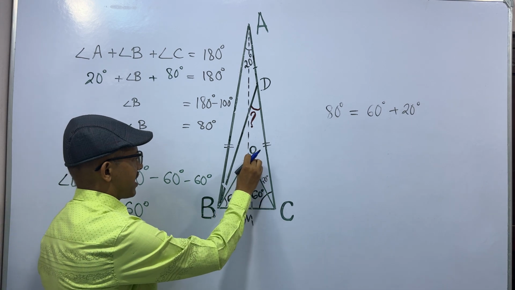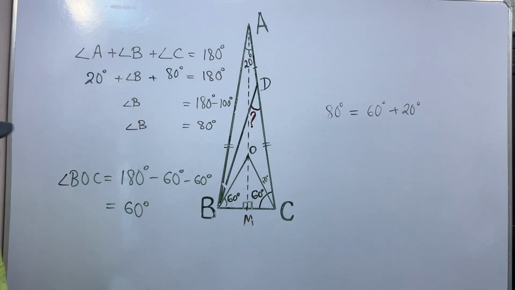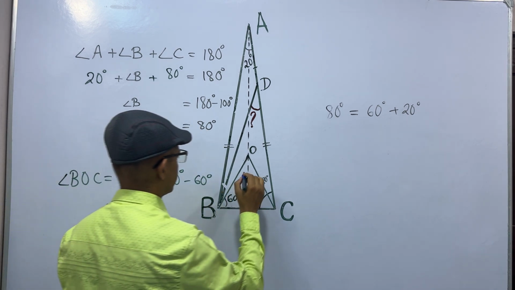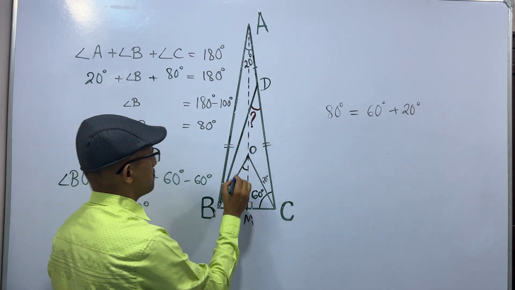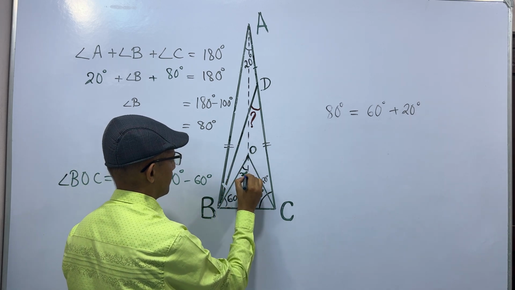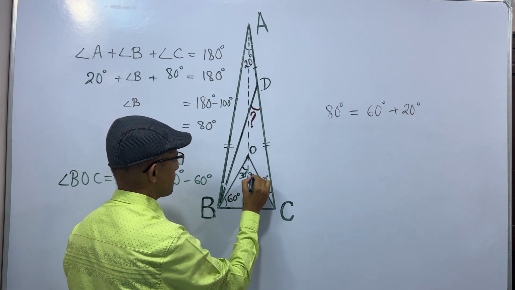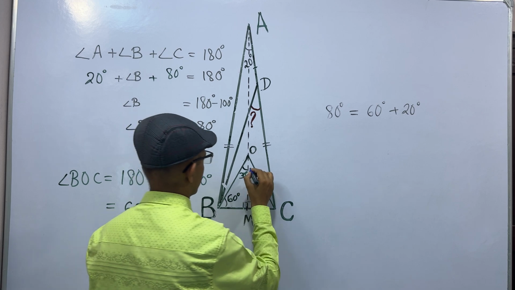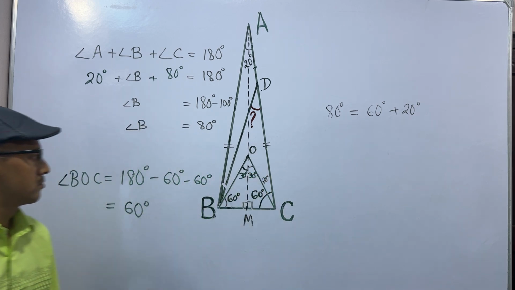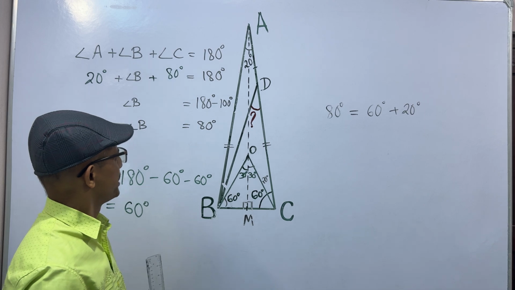However, as triangles OMB and OMC are congruent, it follows that angle BOM must measure 30 degrees, and so does angle COM. Okay, that much of information we know.